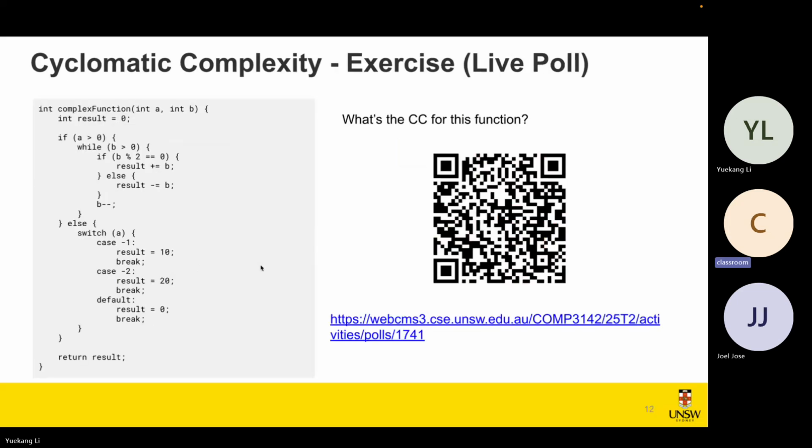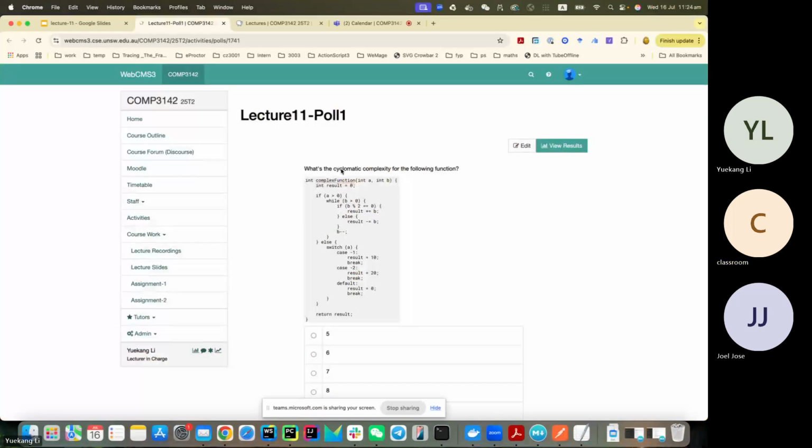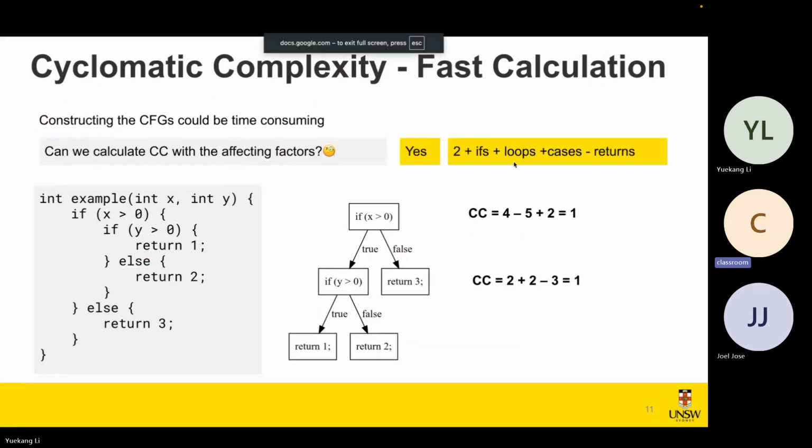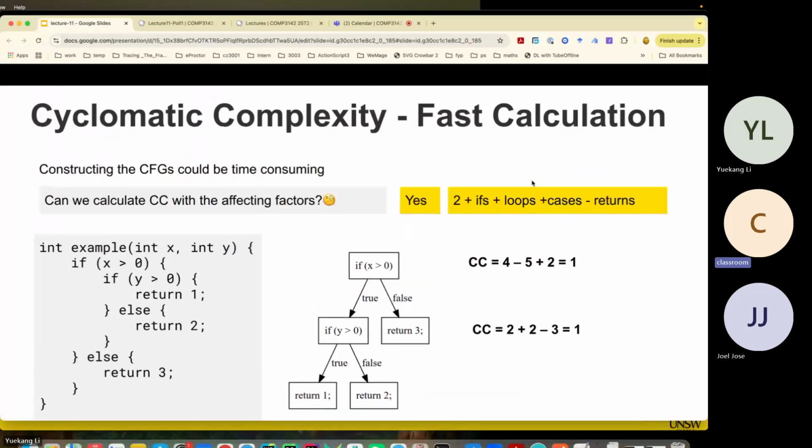And let's have a live poll here today for the Jam Mark. This is a program we have, and you are encouraged to use the fast calculation method to calculate the cyclomatic complexity here. So the formula is 2 plus the number of ifs plus the number of loops plus the number of cases minus the number of returns here.